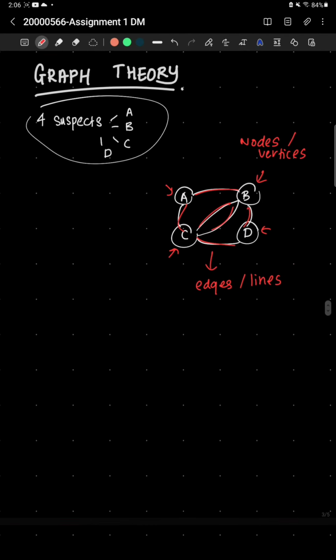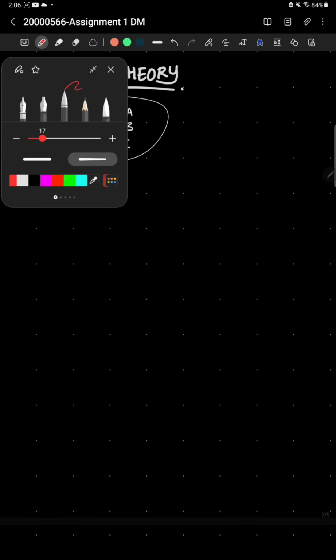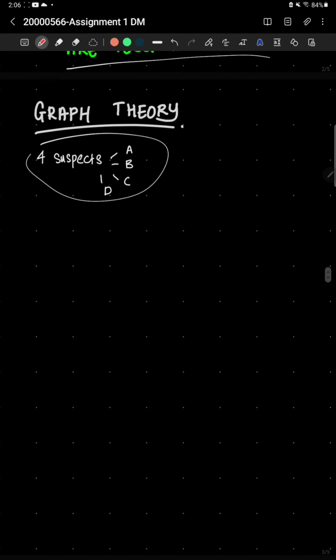So now we are applying it to our case. Let me erase it first. Okay, so now let's solve our case. We have 4 suspects, right?